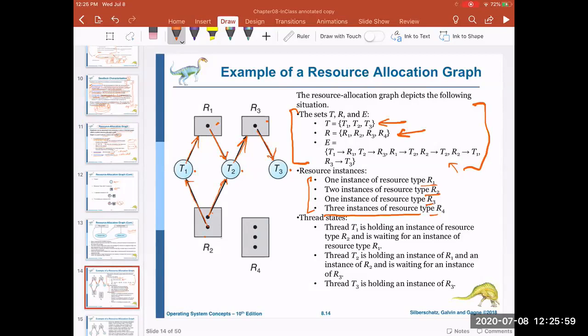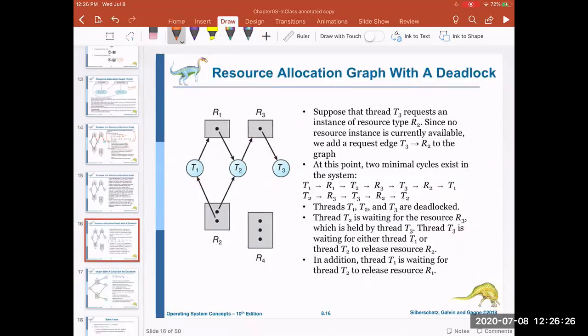Now what we need to do is identify the cycles. Do we see any cycle existing here? A cycle is basically where we start from a thread. We start from thread T1. Why would a deadlock happen?